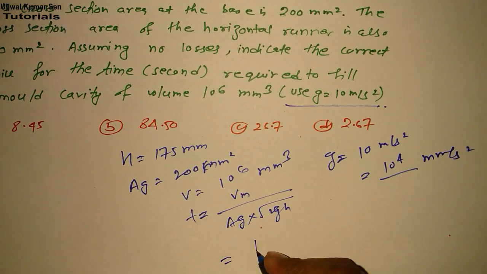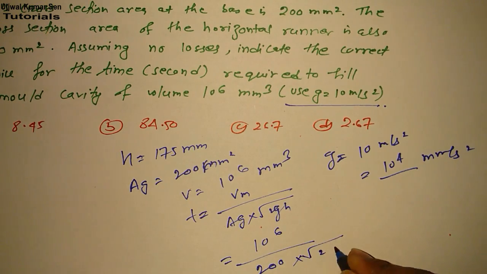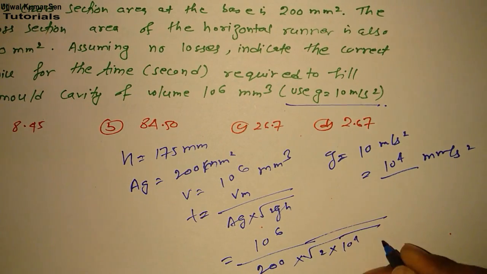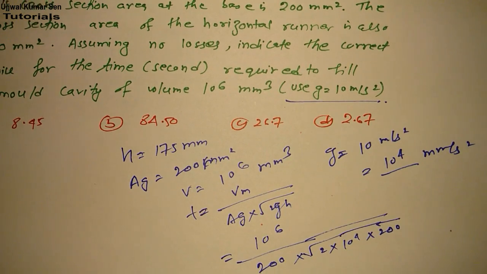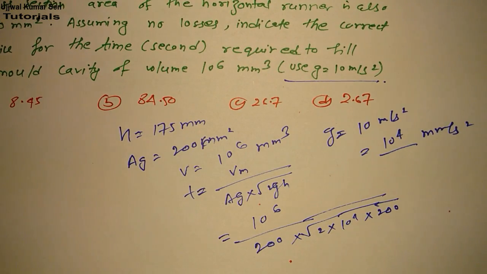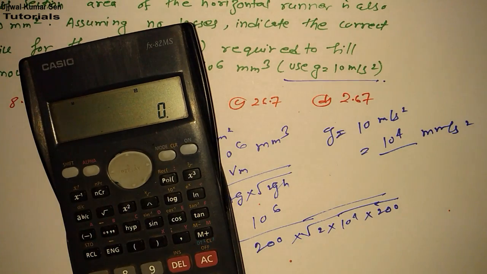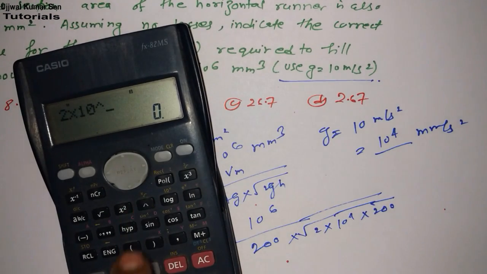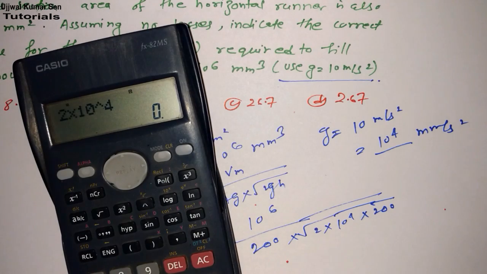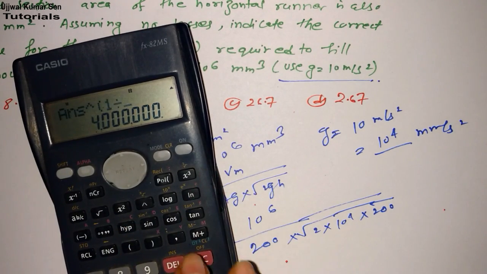Now Vm is equal to 10 to the power 6, Az 200, 2g is 10 to the power 4, h is 200. Now what do you require? You require a calculator. Don't worry, I'm just going to use it. So 10 to the power 4 into 200, divided by 2, what we got? 2000.